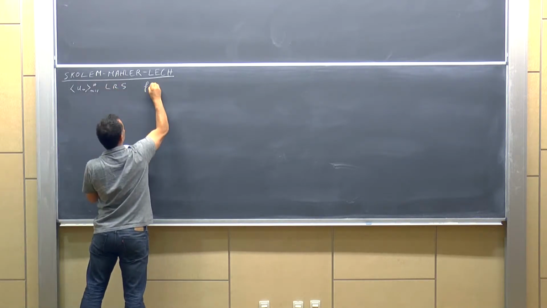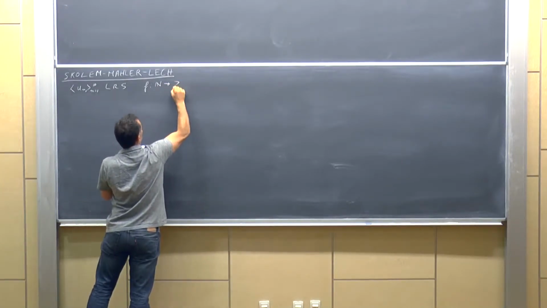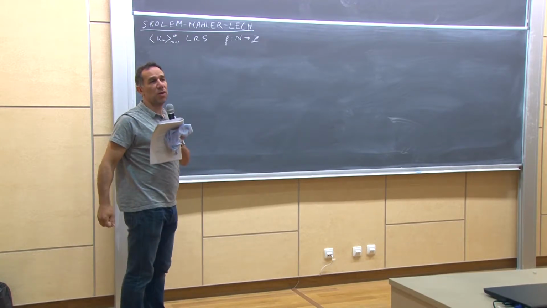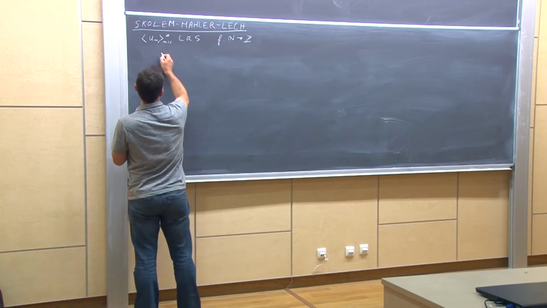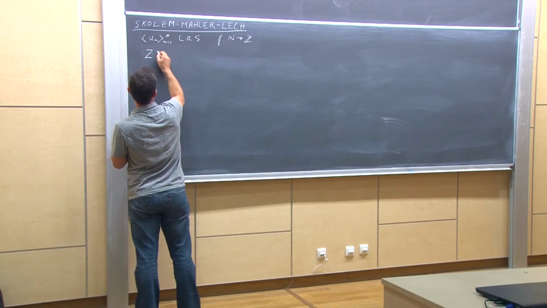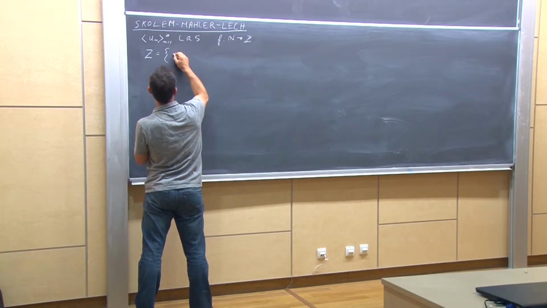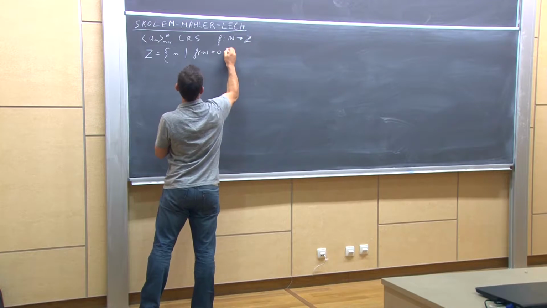You can think of this as a function from the natural numbers to the integers or to the rationals, and you can ask yourself, what is the set of zeros of f? So what is the set of n such that f of n is equal to 0?